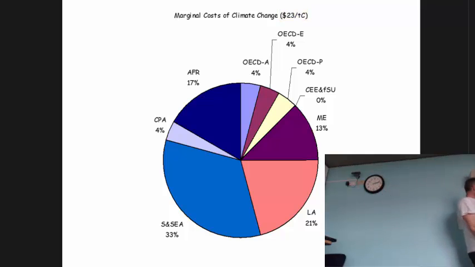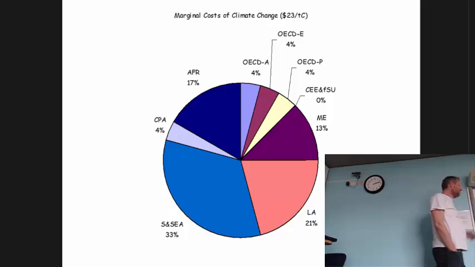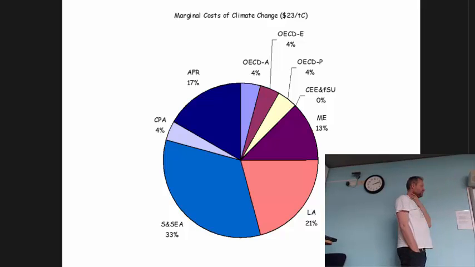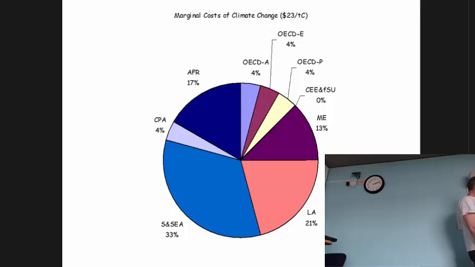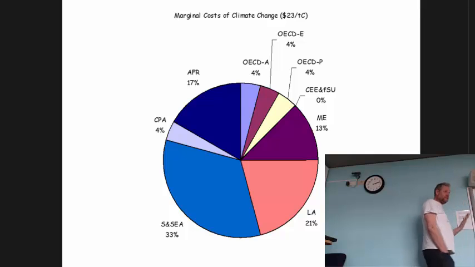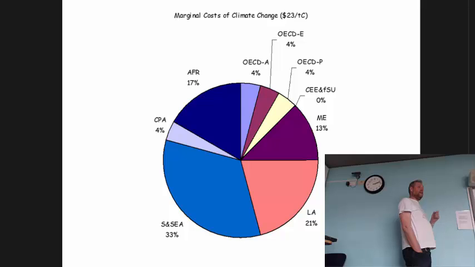The shares are also subject to great uncertainty, but not the fact that for any particular region or country, the damages that fall on the country itself are necessarily a fraction of the global total.